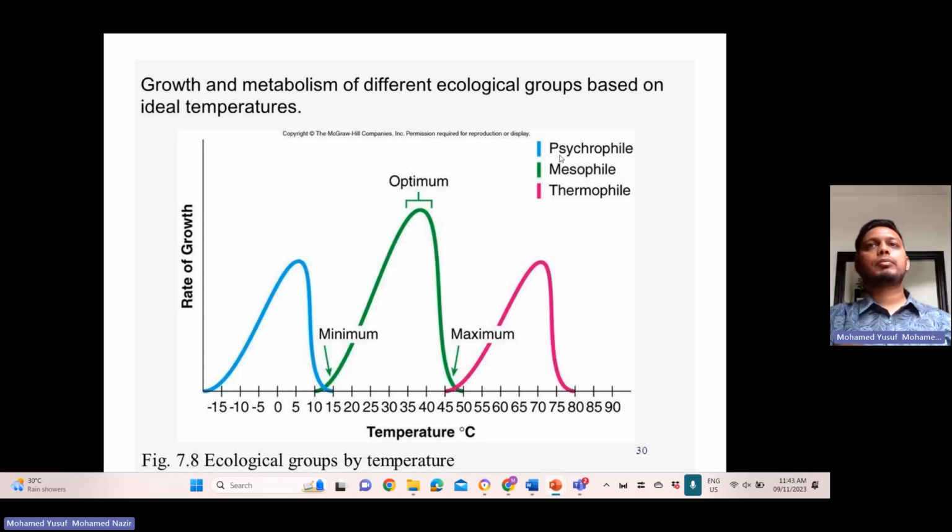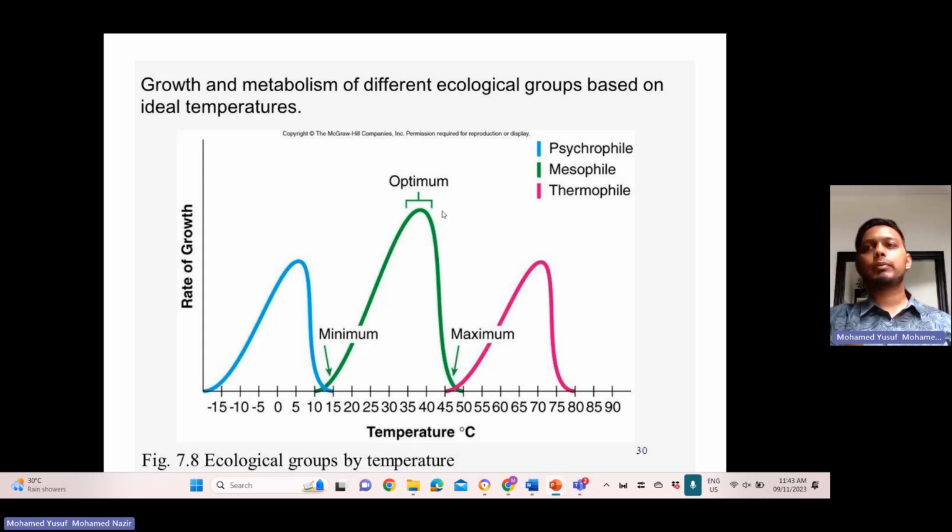The microbes that can grow at extremely low temperatures, we call psychrophiles. Normally they can grow within the range of -15 to 15 degrees.